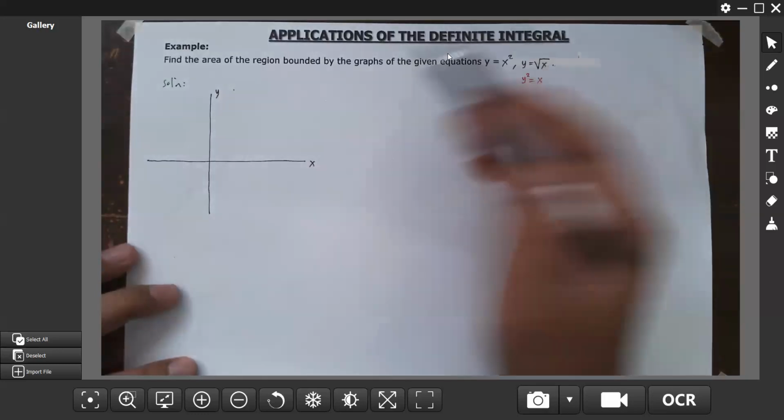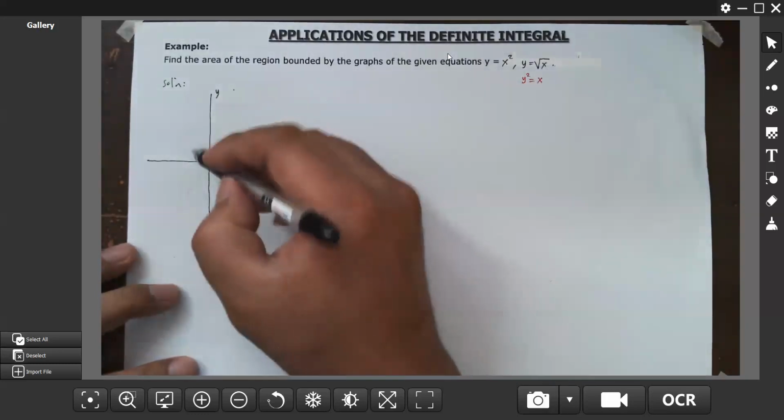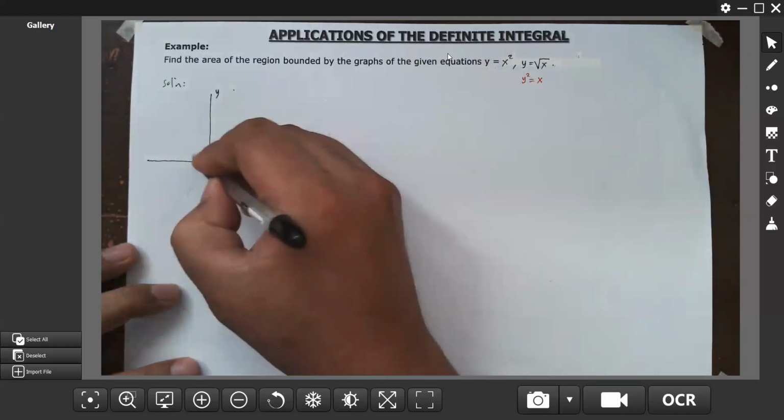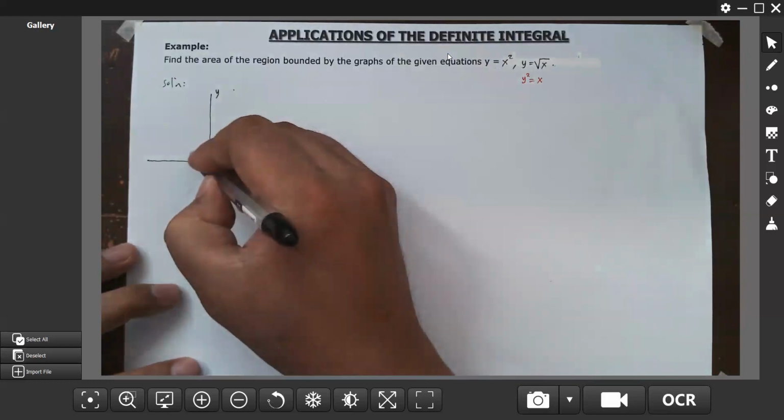So our bounded region is located in the first quadrant. We can just draw the graph as such.